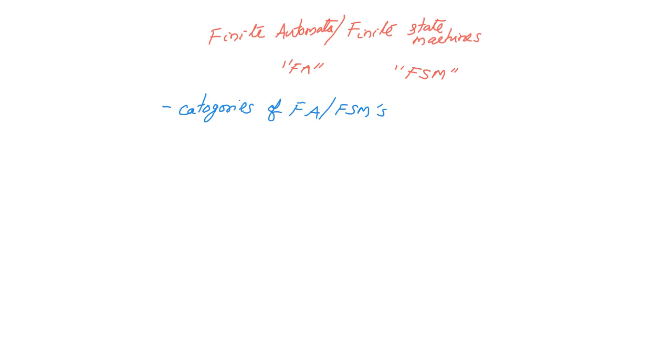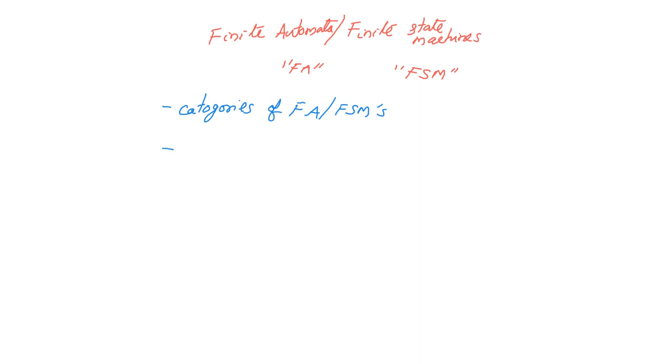And then before giving the mathematical definition of what is an FA or an FSM, we will look at a few examples of FAs based on the given applications. Learning through examples is always the best way to learn something.